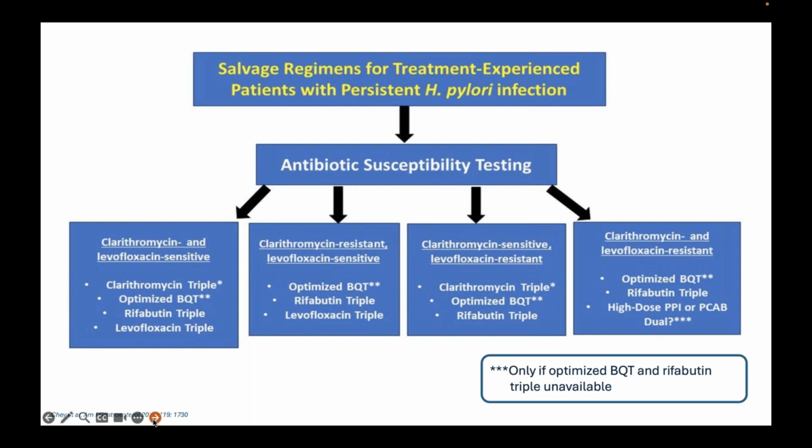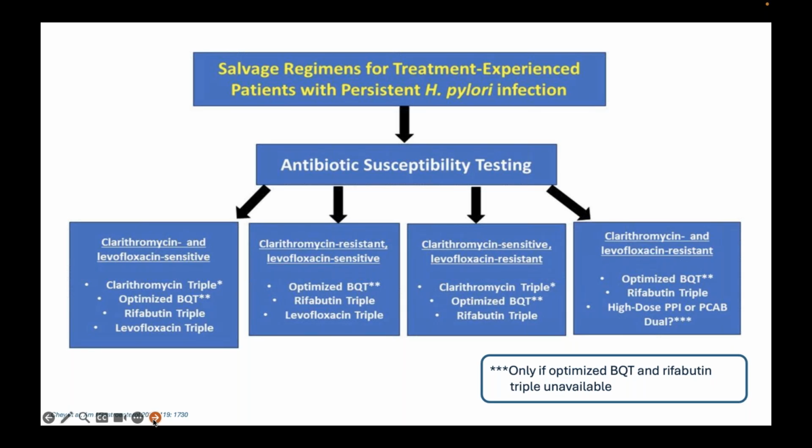Otherwise, clarithromycin should not be used for the treatment of H. pylori infection. If the bug is resistant to clarithromycin but sensitive to levofloxacin, then again, optimized bismuth quadruple therapy, rifabutin triple therapy, or last choice, levofloxacin triple therapy. I say last choice because levofloxacin triple therapy has less evidence in support of it, and there are safety concerns with levofloxacin, including such things as tendinitis and tendon rupture.